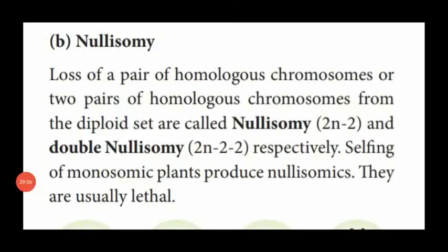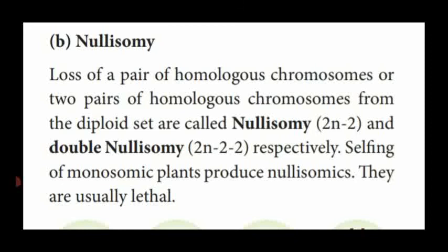Another one, double nullisomy is also there. Two individual pairs of chromosomes lost from the diploid set is known as double nullisomy, 2n minus 2 minus 2. First one, an individual pair, 2n minus 2, that is also 0.